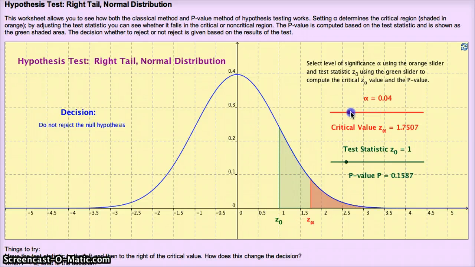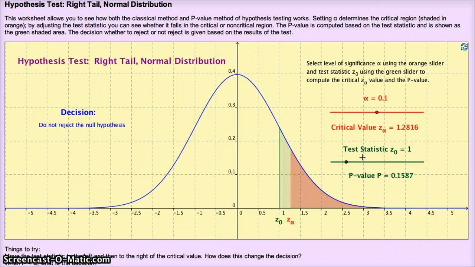You can see it moves the decision point to the right, and then with a test statistic of 1.4, we are in the non-critical region. If we move the test statistic to 1.8 or 1.9, that puts us into the critical region, and our decision changes to reject the null hypothesis. So as I said, you can come here and kind of play with these values, and I hope that gives you a grasp of how hypothesis tests work.